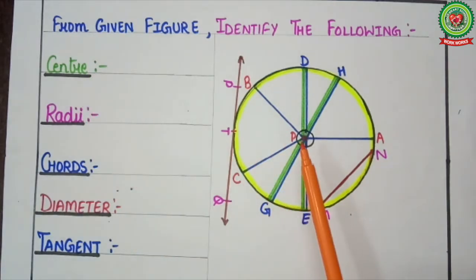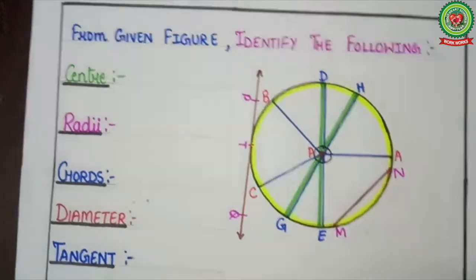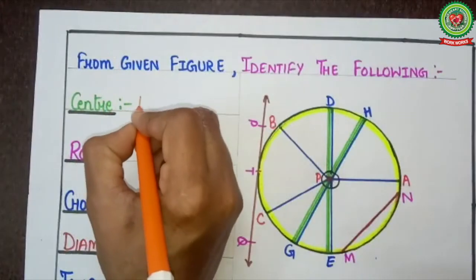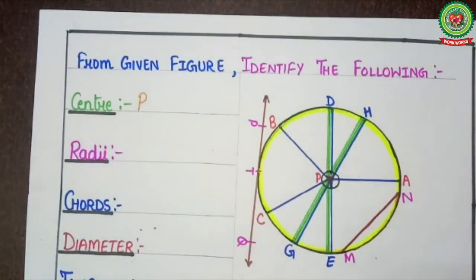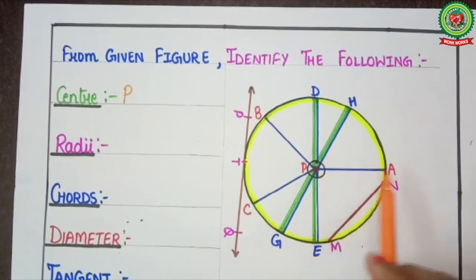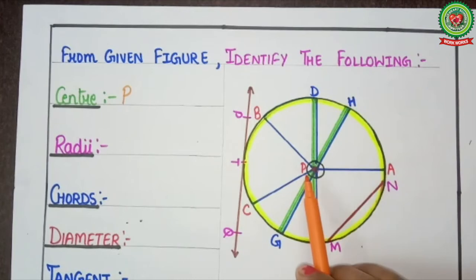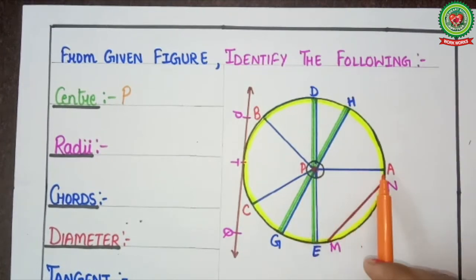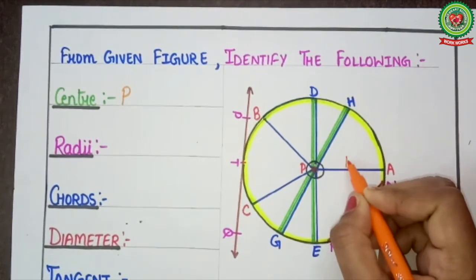So center is P. Now radii. If more than one radius is there, that is known as radii. Radii is the plural form of radius. Now see, PA. This line is from the center. So, this is first radius.